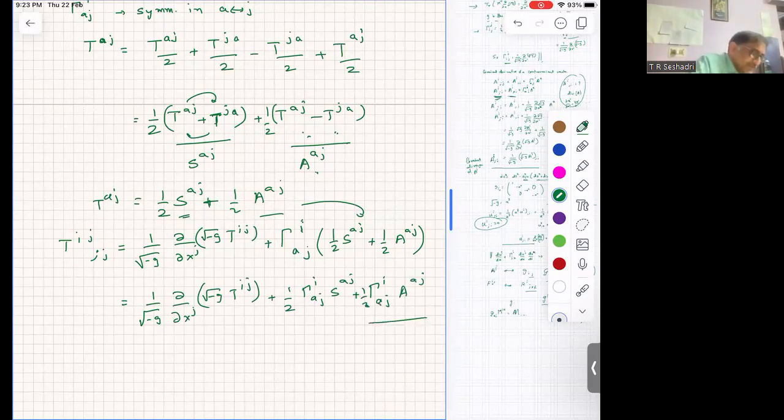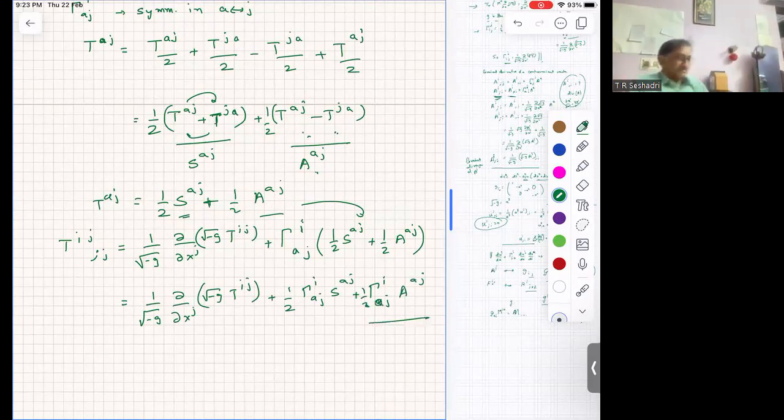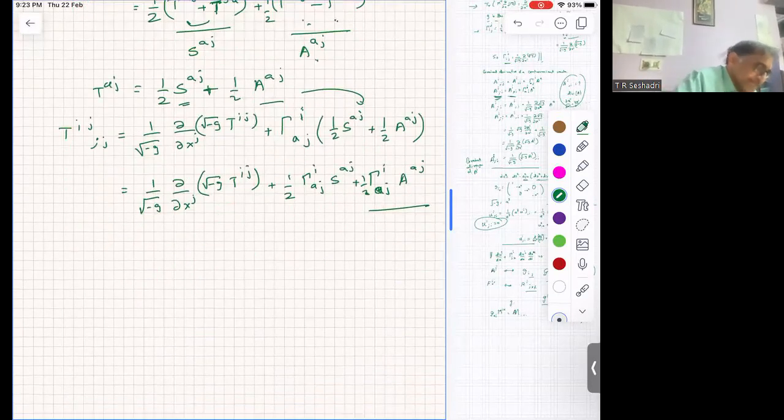What is this last term equal to? It is 0. Why? Contracting a symmetric with an antisymmetric. Gamma IAJ is symmetric, and AAJ is antisymmetric.